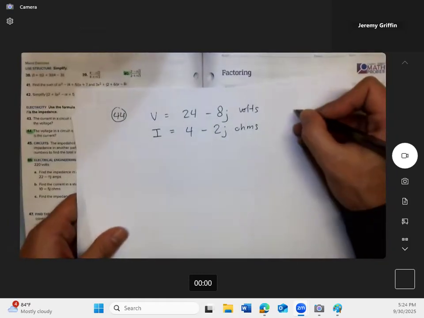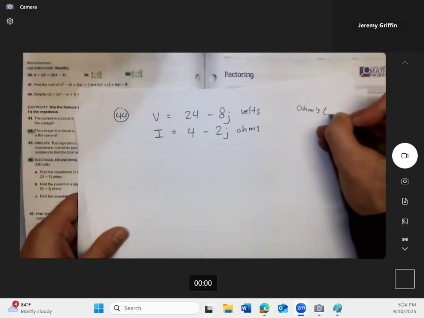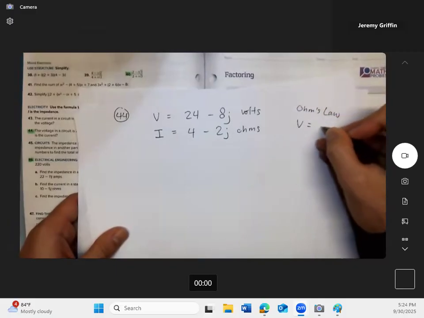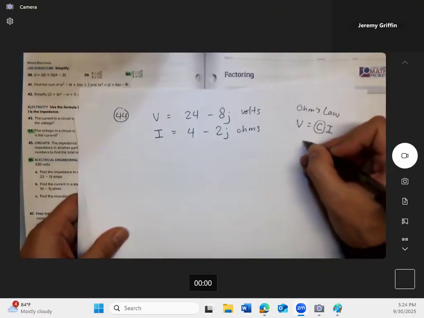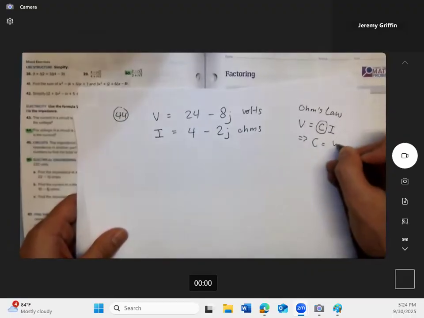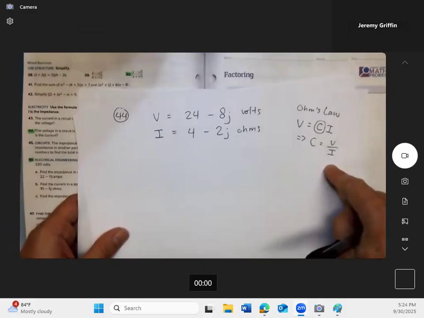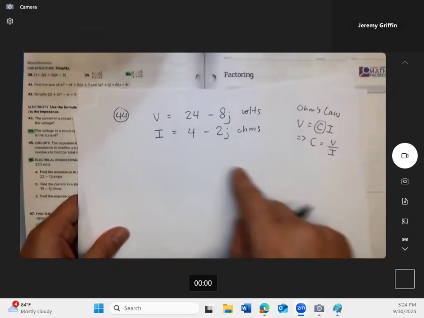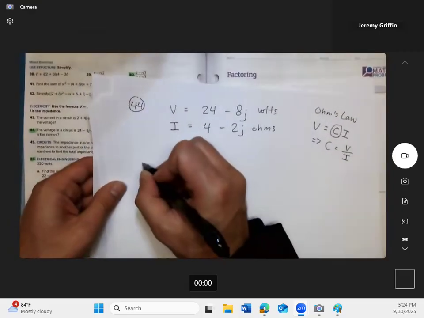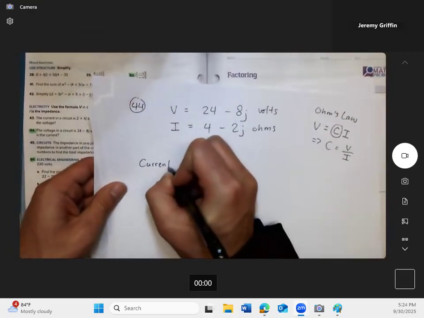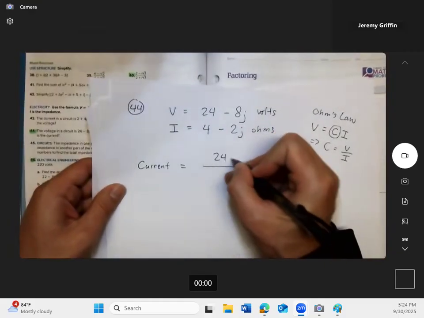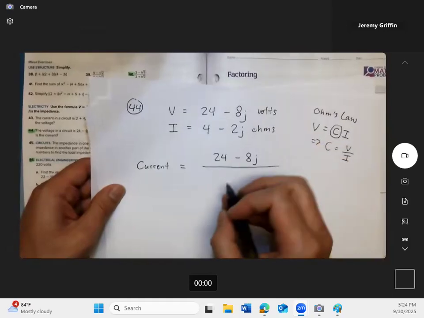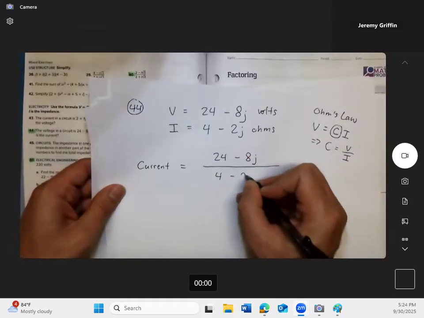So remember Ohm's law, voltage equals current times impedance. So if we're solving for the current, therefore current is equal to voltage divided by impedance, right? Wouldn't it be? So the current, let's go ahead and spell it out, current equals this voltage divided by this impedance.